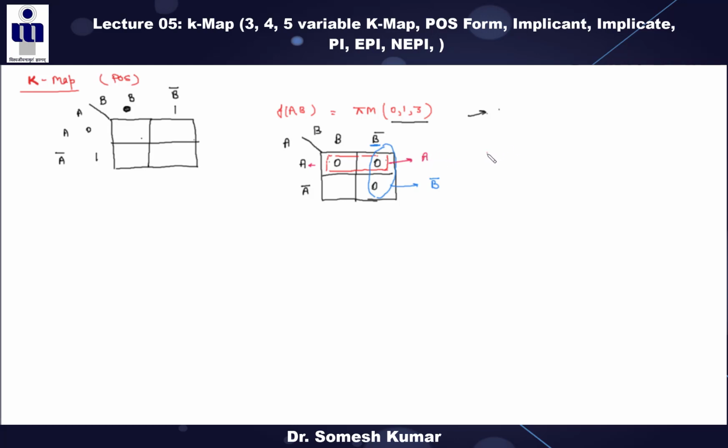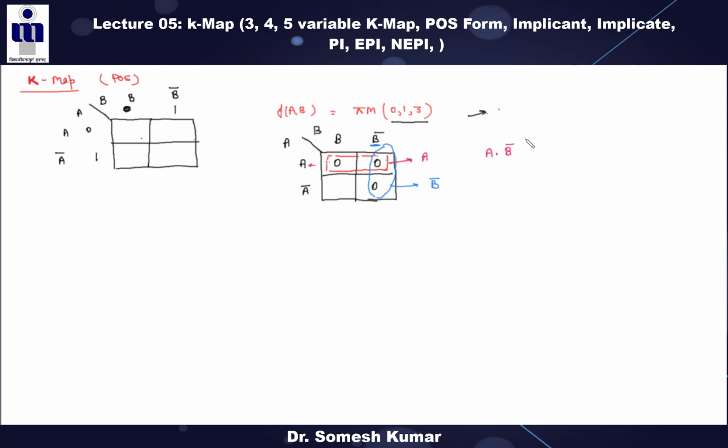Sorry, not A plus B bar. This is the POS form, so it is the product of these sums: A dot B bar. Is the difference between SOP and POS form clear?